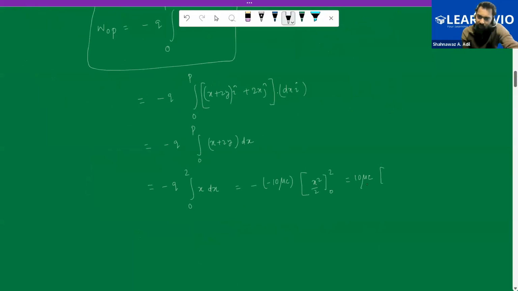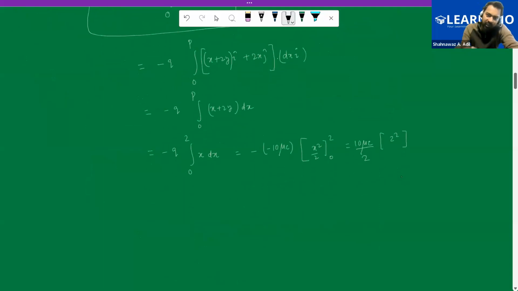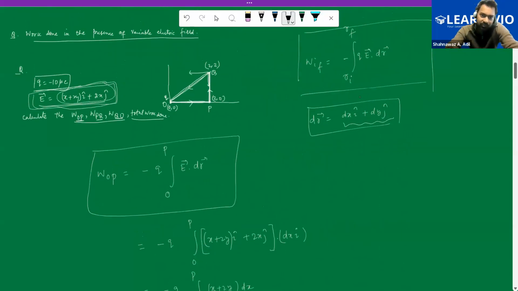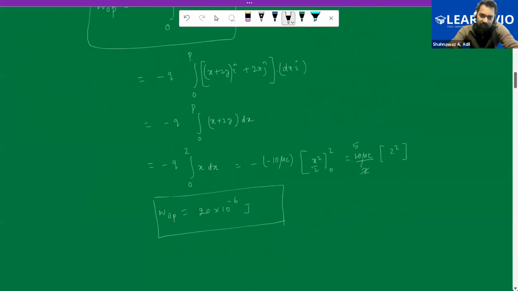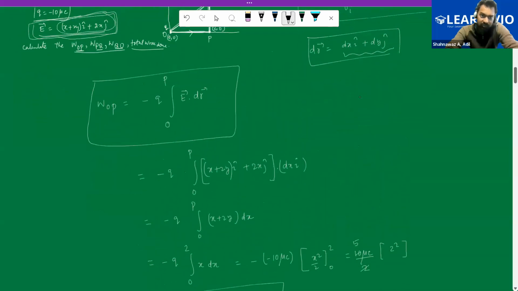We take out this 2 outside, and then this is 2 squared minus 0 squared, so only 2 squared. So this is 5 times 4, so 20 times 10 to the power minus 6 joules. So this is work done from O to P. Is it clear, guys? Yes, clear.